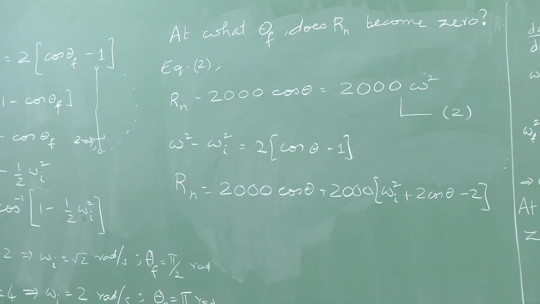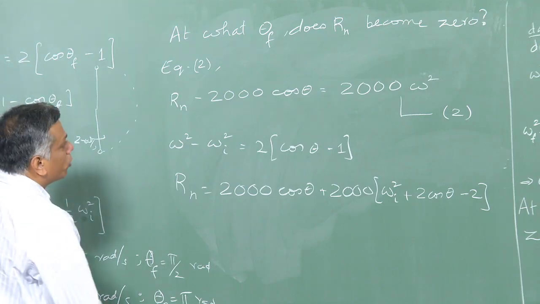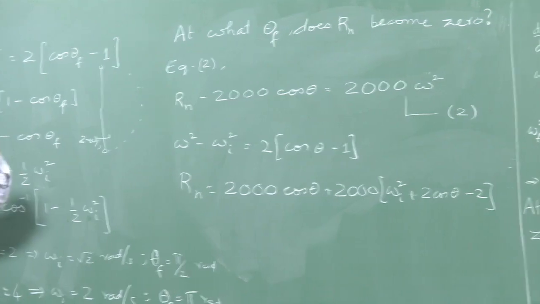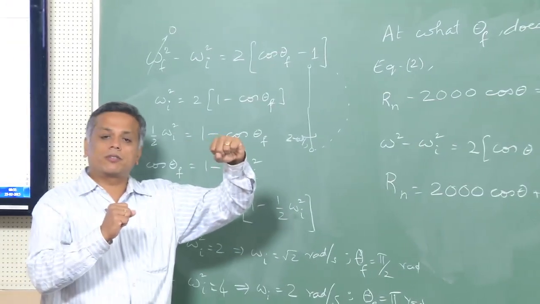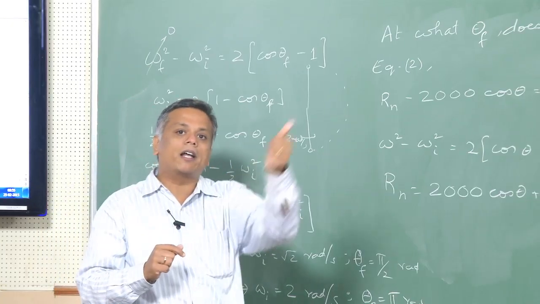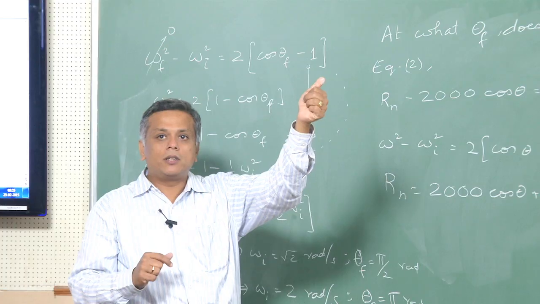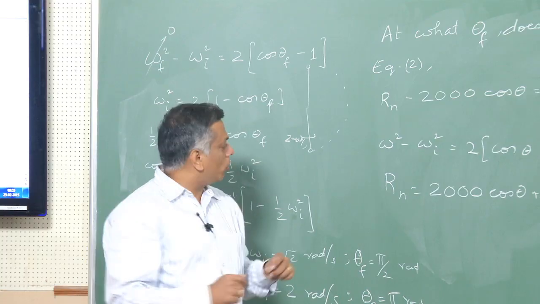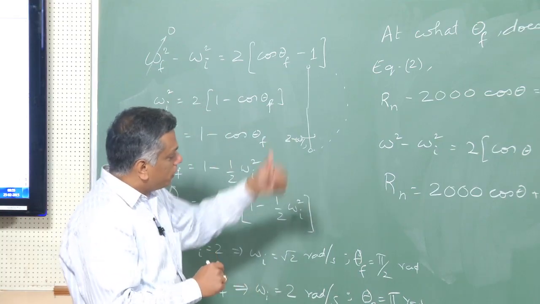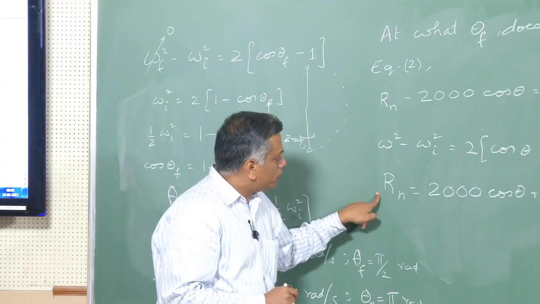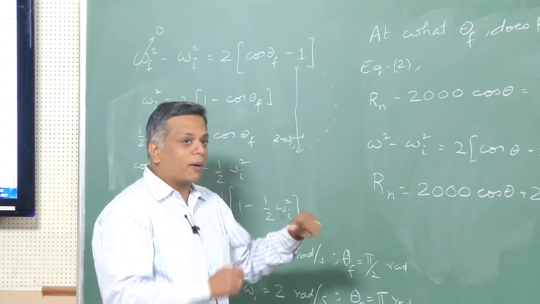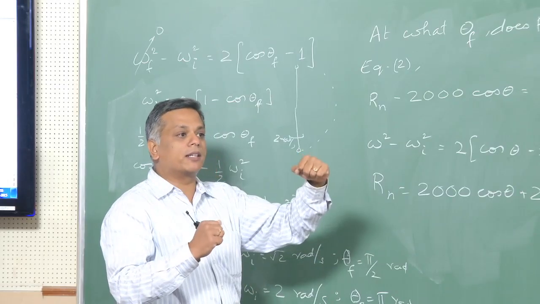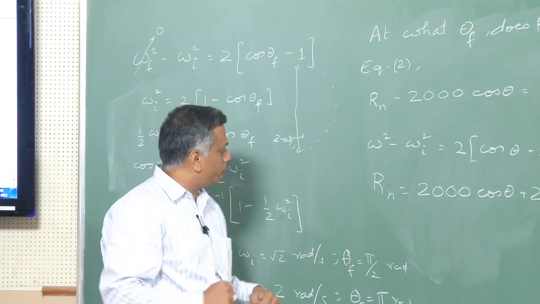So this is Rn. Now if you go back to our free body diagram, we had chosen Rn in a tensile sense to be positive. If you notice, we had Rn pointing away from O being positive. So Rn positive implies the bar is under tension. Rn negative implies the bar is now under compression.